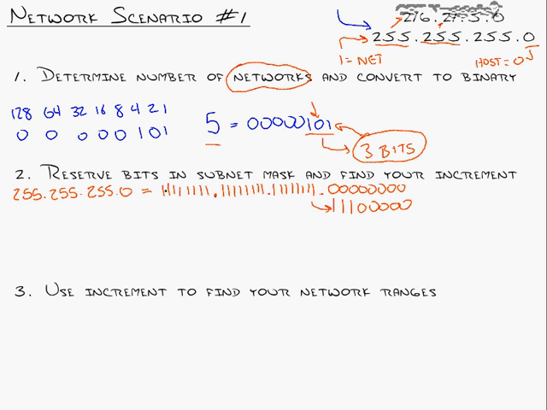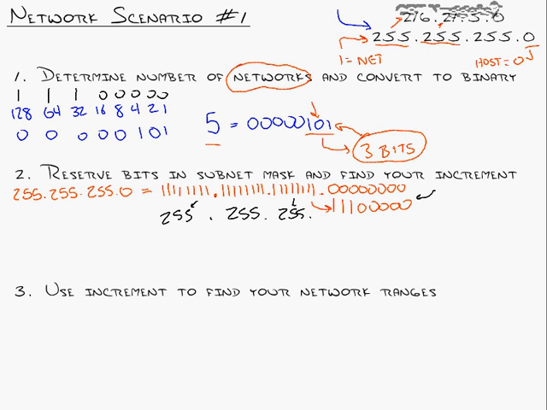At this point in the problem, we already know what our subnet mask will be for the entire organization. It is 255, convert this back to decimal, dot 255, dot 255, that's the third one, that's what we had originally, dot, and then we need to convert this last octet back to decimal. Now, again, using those skills from before, if we line that back up to the binary chart, we've got 128, 64, 32, 0, 0, 0, 0, 0.